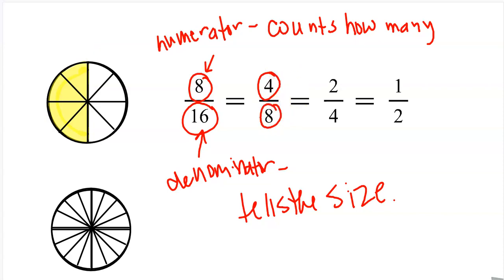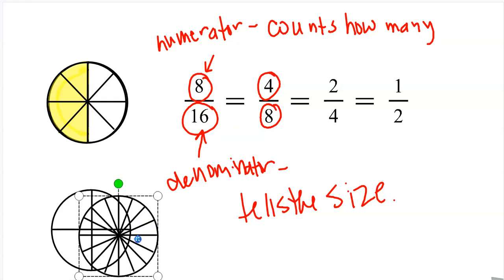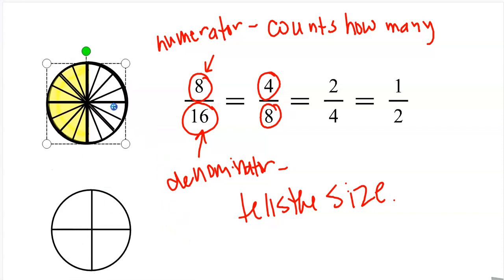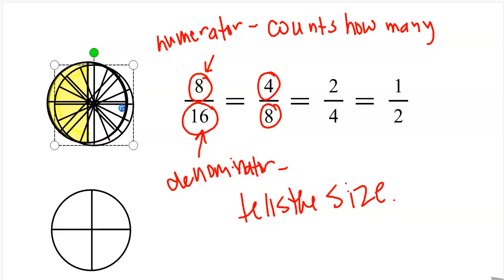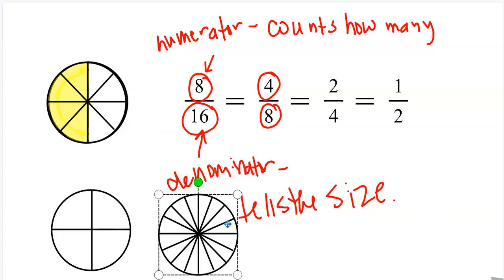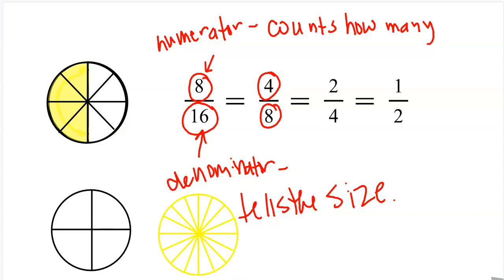So what I just did there was I took these 16ths and I was basically gluing, I'm dividing, but I'm gluing 2 pieces together at a time. So if I get my little highlighter here, I'm basically taking, let me just do it with pen, I'm taking these 2 pieces together, right?